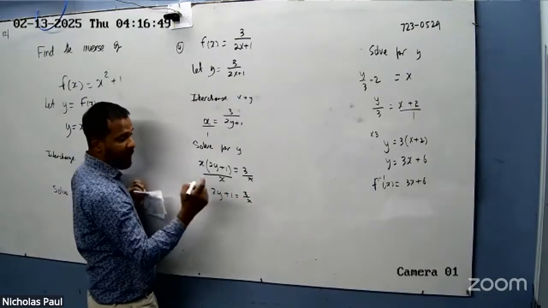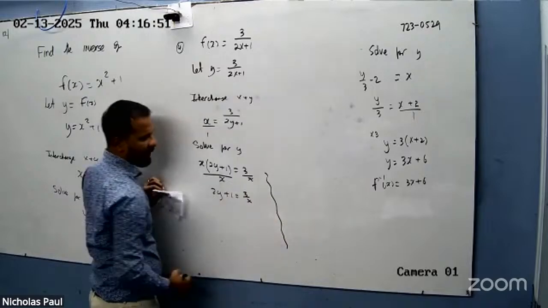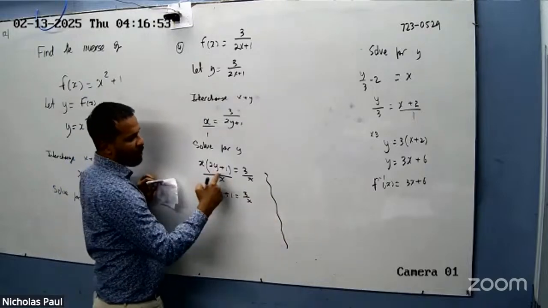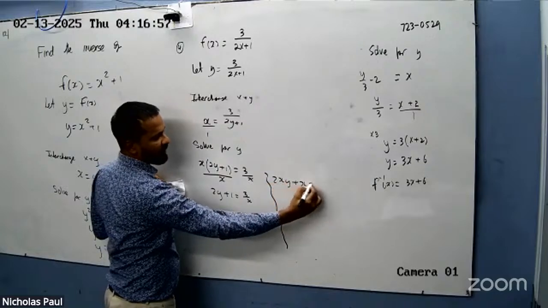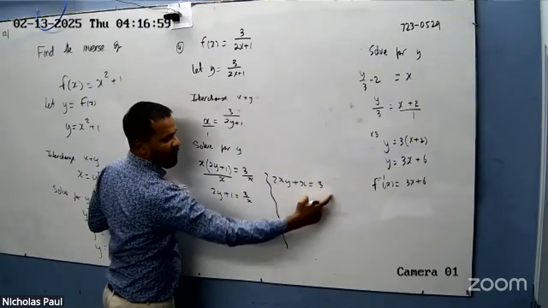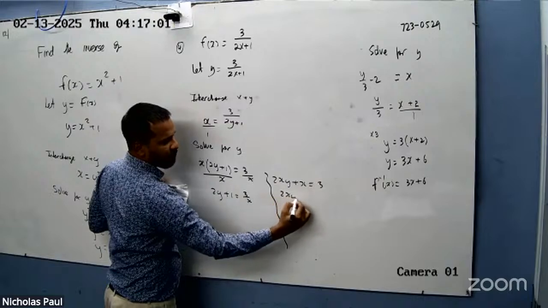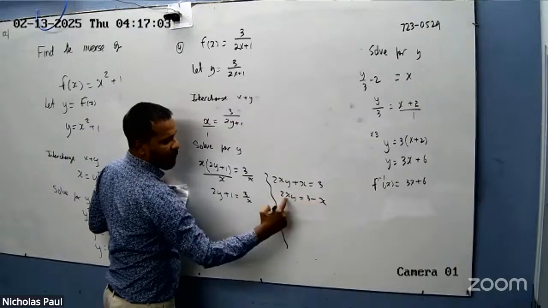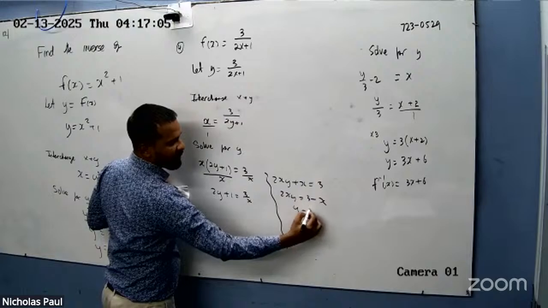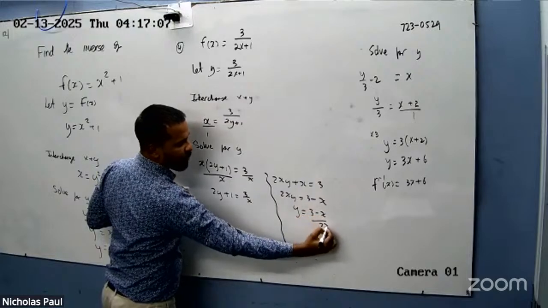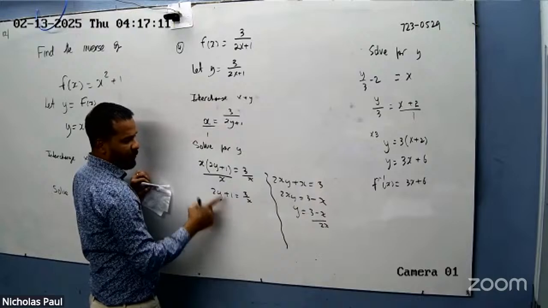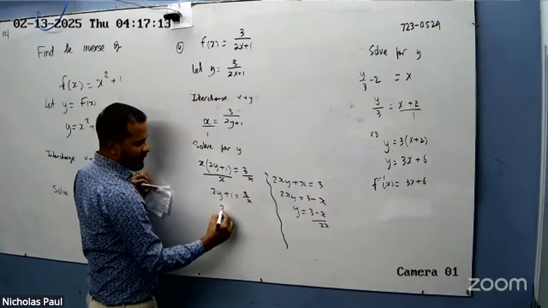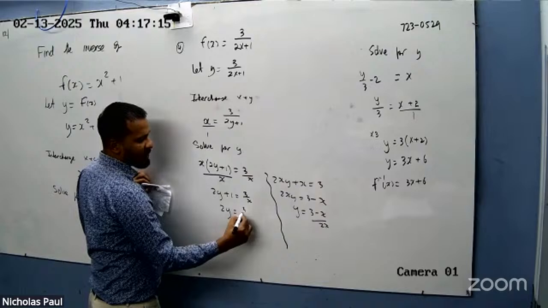And I'll show you our next option here, right? Our next option would have been to multiply it out and you get 2xy plus x is 3. Move across the x, and then move across 2x. So you'll get 3 minus x on 2x. That's one option. Here, we could also continue, divide both by x. And then you'll get 2y is 3 on x.